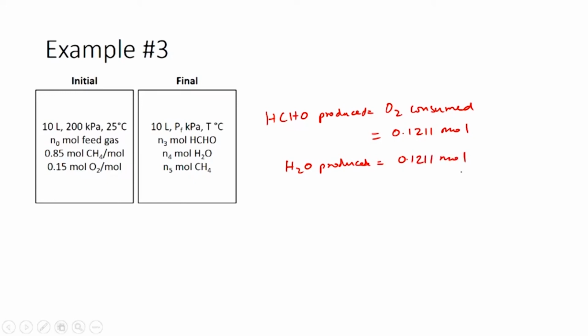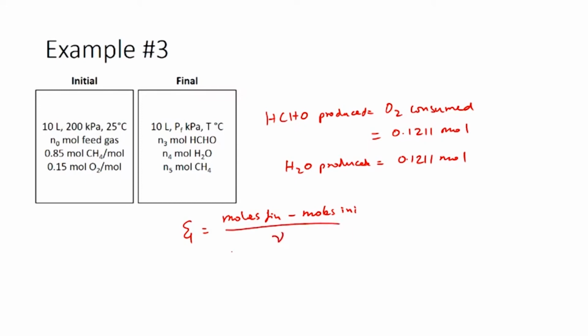Now that we have the number of moles of each of the components in the final condition, we can also calculate the extent of reaction. This extent of reaction would be required when we perform the energy balances, right. We have been told to use the heat of reaction method, so we need to know the extent of reaction. We will calculate the extent of reaction as moles final minus moles initial divided by the stoichiometric coefficient.